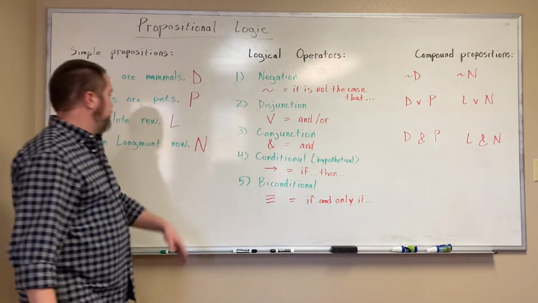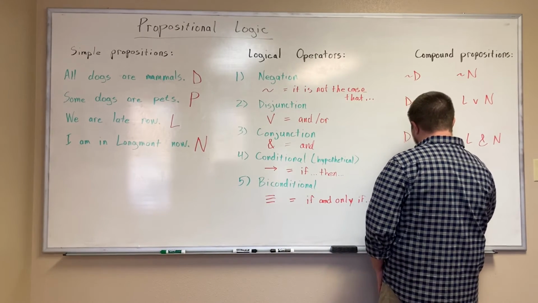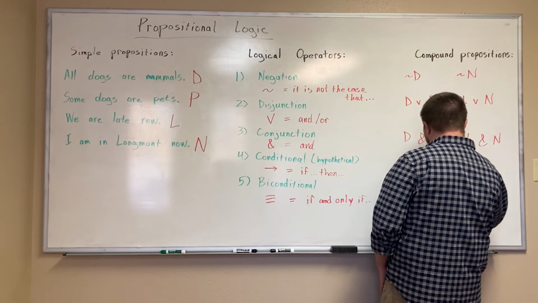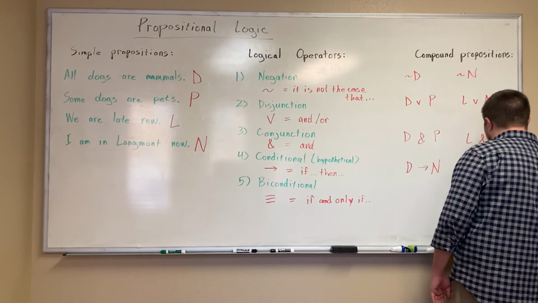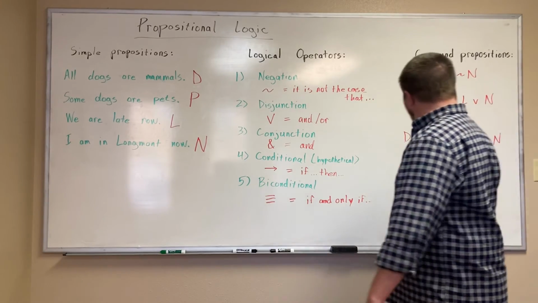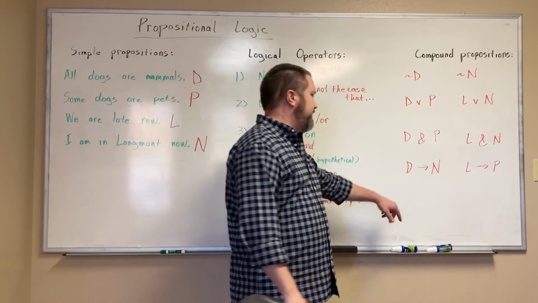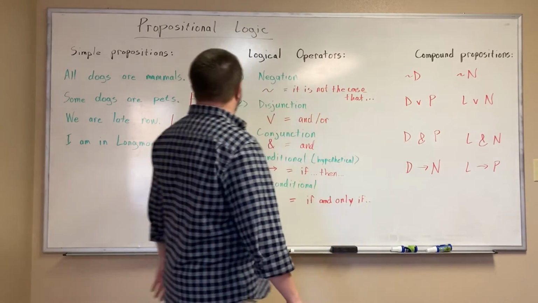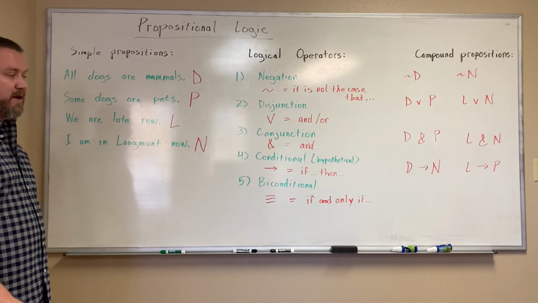And then the conditional, let's say D arrow N, L arrow P. First one, so it's an if then. So it's going to be if D, then N. So if all dogs are mammals, then I am in Longmont now.